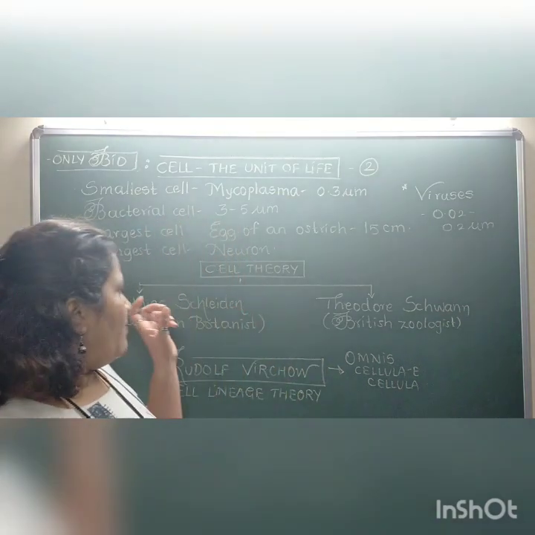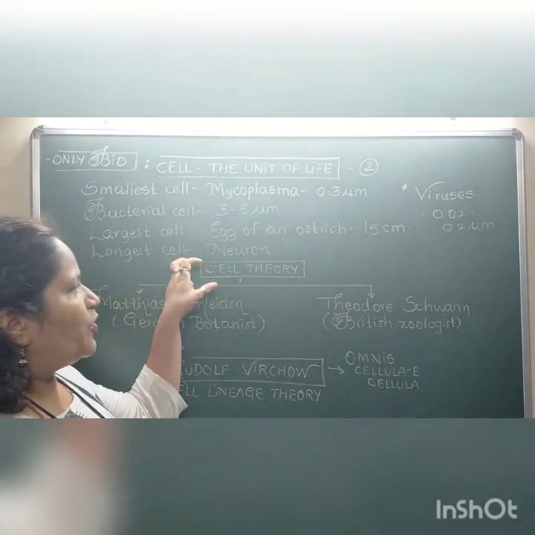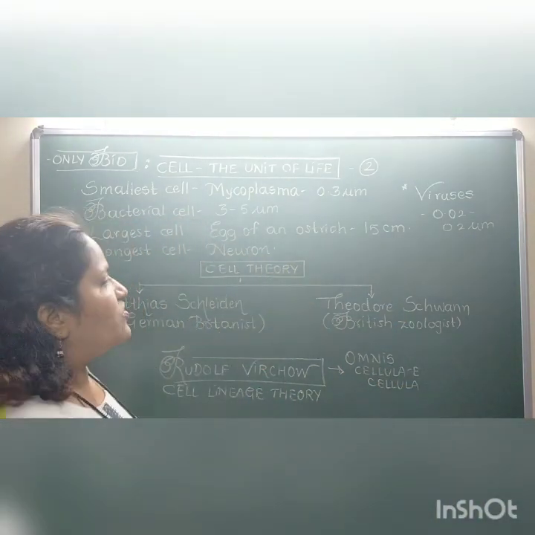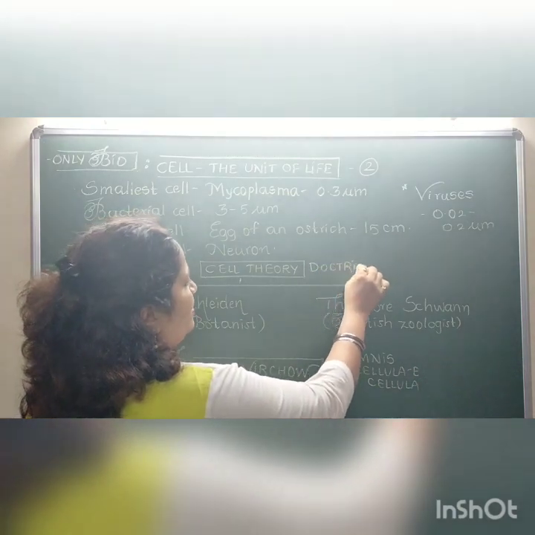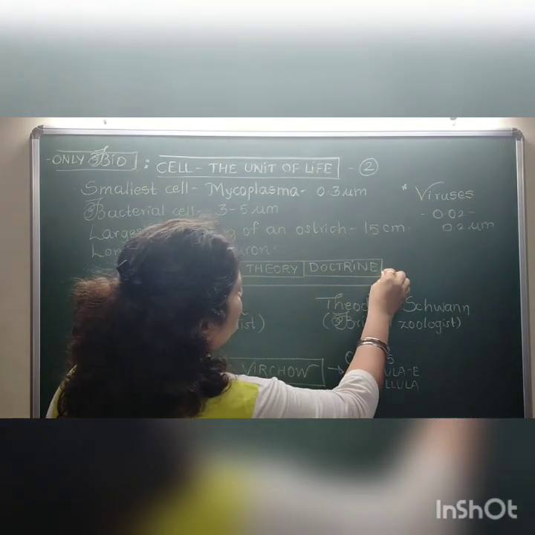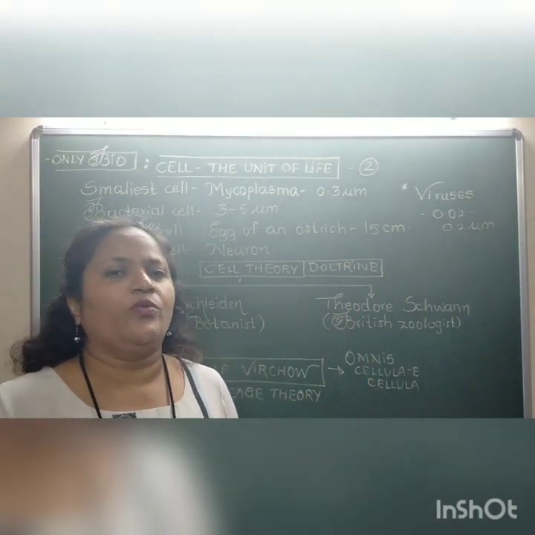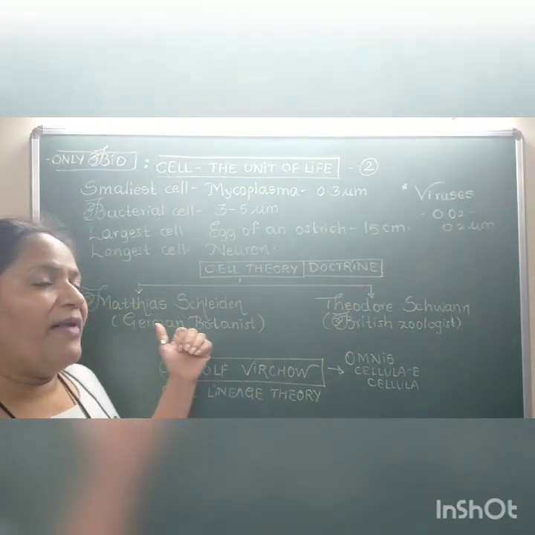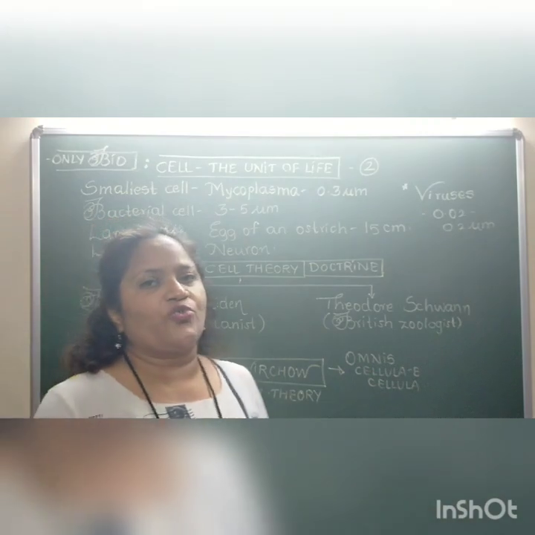So together Schleiden and Schwann proposed a cell theory, which is also at times called the cell doctrine. This also is a word used at times. So cell theory, cell doctrine was proposed by Matthias Schleiden, a German botanist, and Theodor Schwann, a British zoologist.